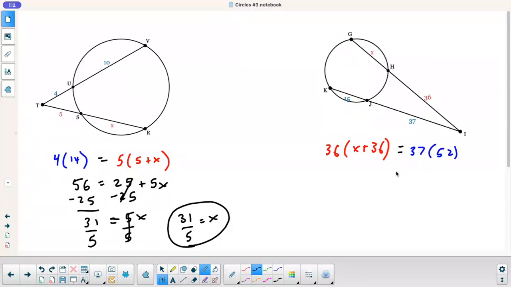All right, a little bit of algebra here. 37 times 52 is 1924. Distribute the 36. Let's get the x by itself.